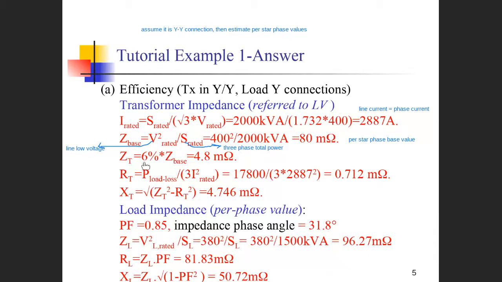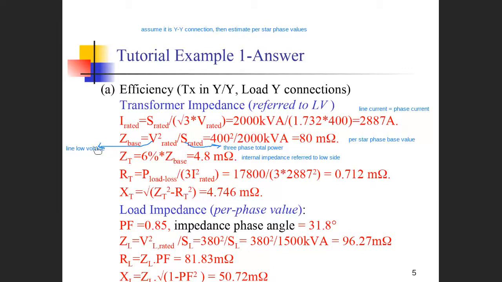Then, given the transformer's internal impedance referred to secondary. This is the internal impedance referred to lower side. And then look at here. From the load loss, that is copper loss.